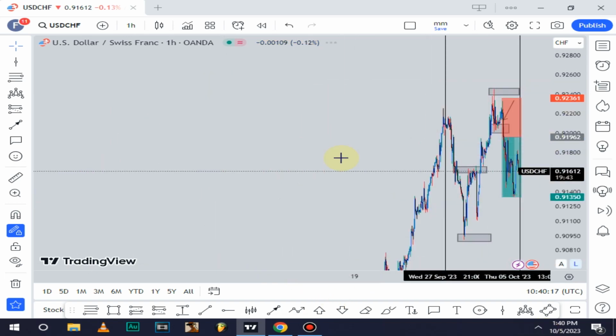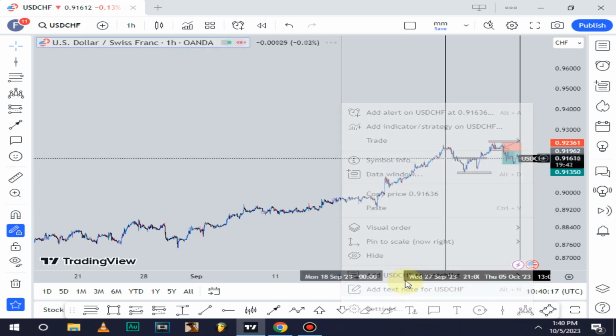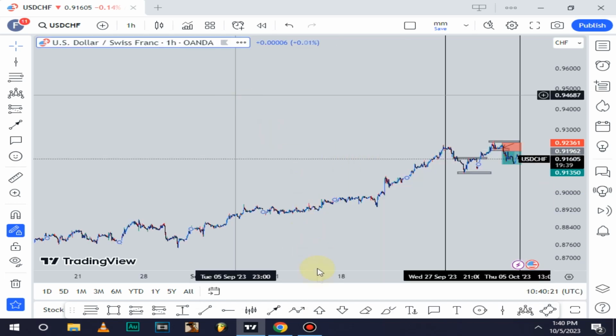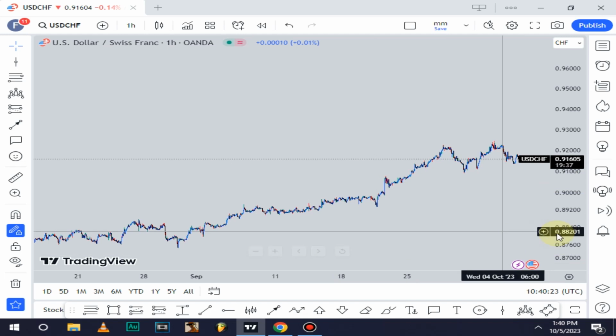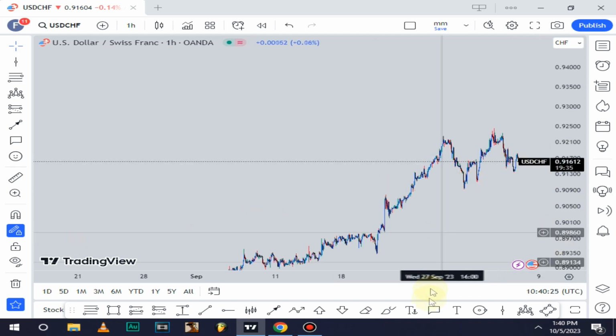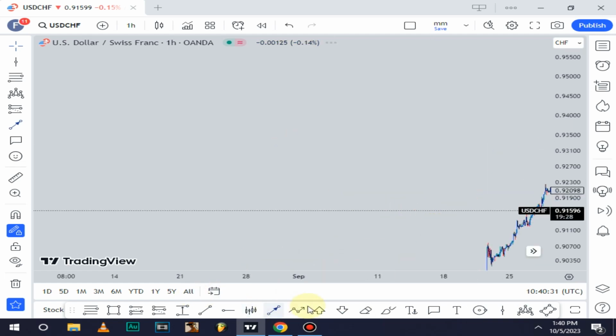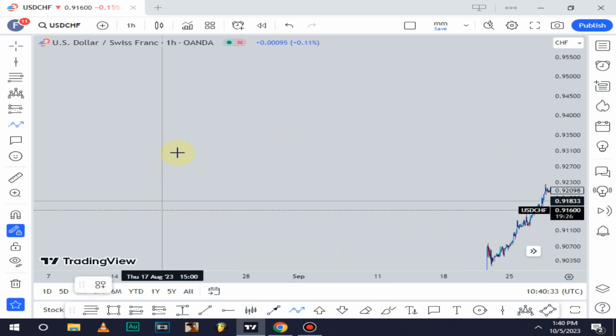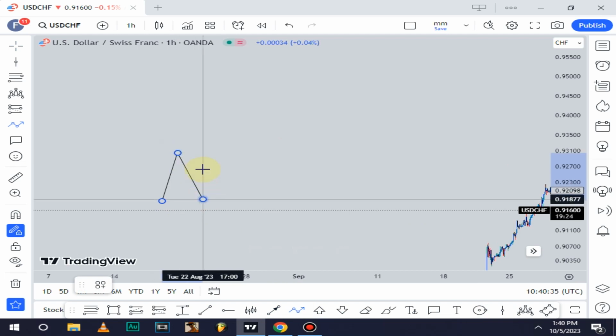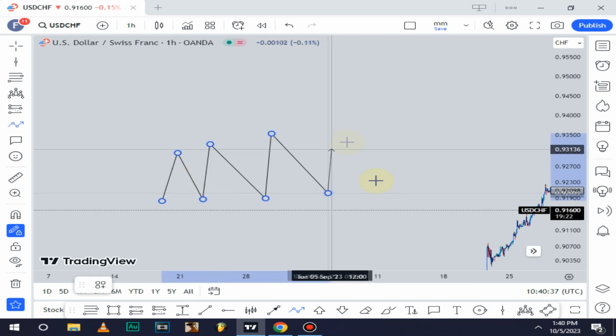All right, let me see if I can get something around. Maybe remove this. Okay, so basically let me just draw. This is what I'm talking about. Okay, let's say that the market is doing this. The market is doing this, of course, as usual. The market does that, right?